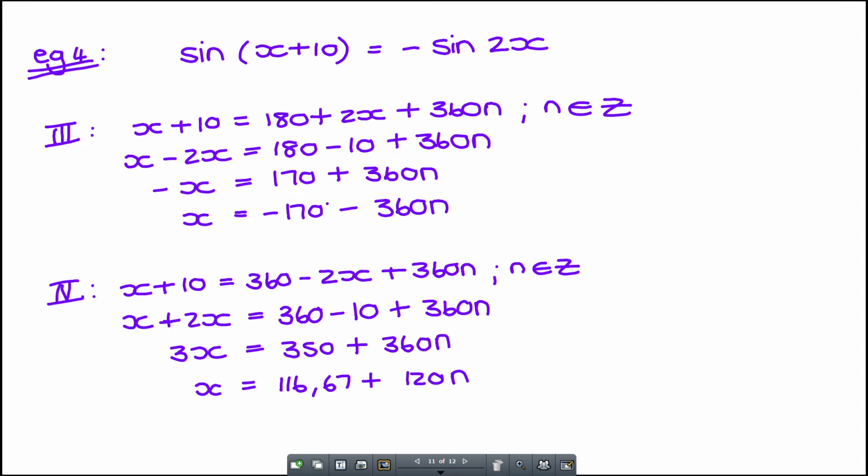Okay, right, now the next one, I'm not going to do the full one. I just quickly want to show you guys and make sure you know what I'm talking about there. Ek gaan nie die hele algemene oplossing doen nie. Then I'm going to give you 3 sums for homework, nee?